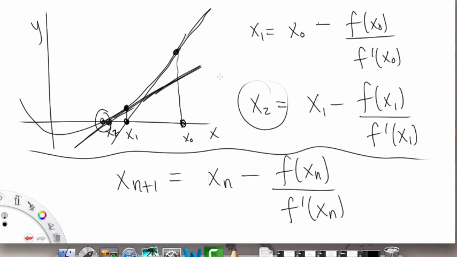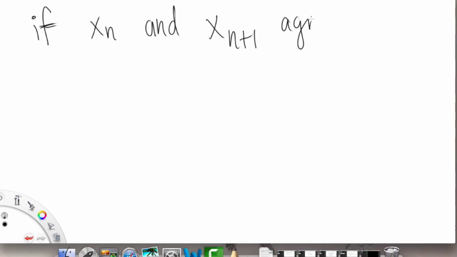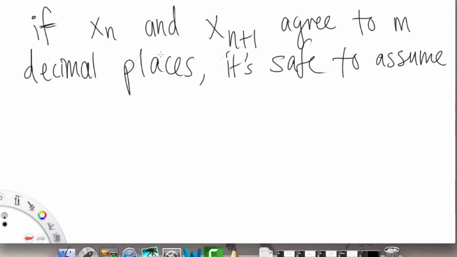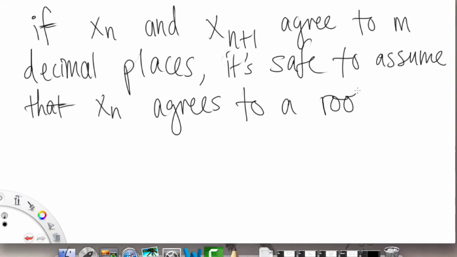But anyways, as far as accuracy goes, it's been agreed upon by mathematicians that if our x sub n and our x sub n plus 1 agree to however many m decimal places, then it's safe to assume that x sub n agrees to the real root, the real x value, to m decimal places as well.